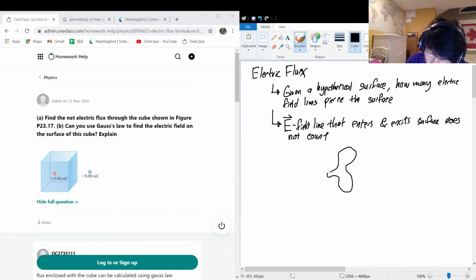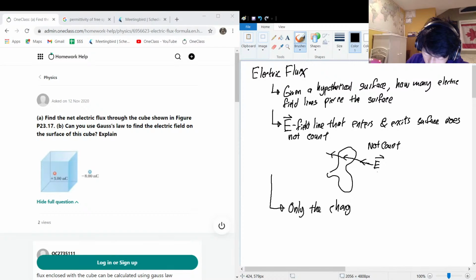Example, if this was the surface and this was an E field line, it does not count. And the reason why, it enters the surface, but it also exits the surface. So yeah, that's why it doesn't count. So really what only matters, only the charges inside matter. Charges inside the surface matter.